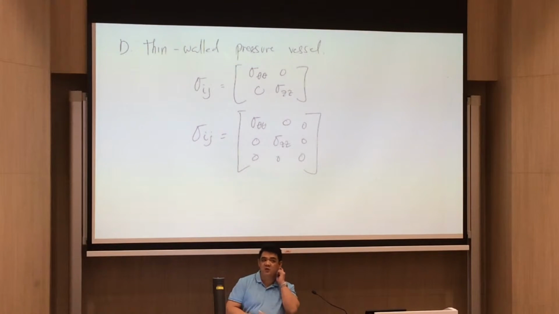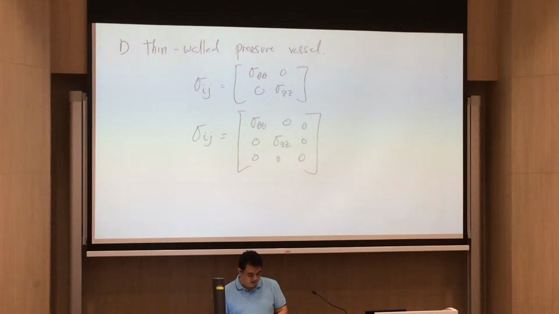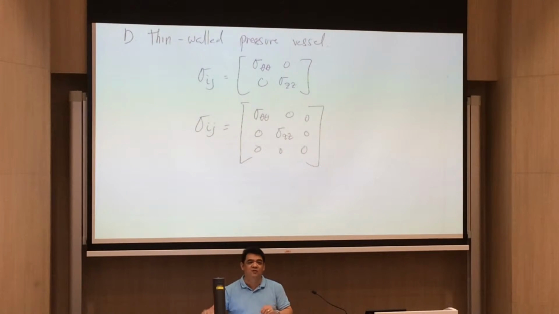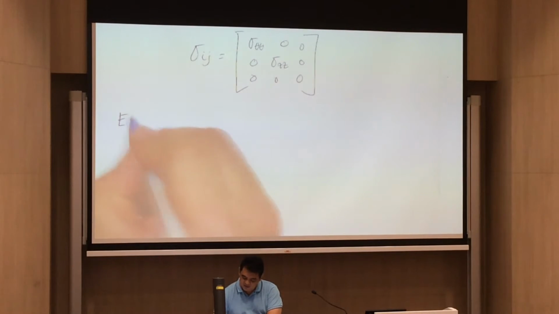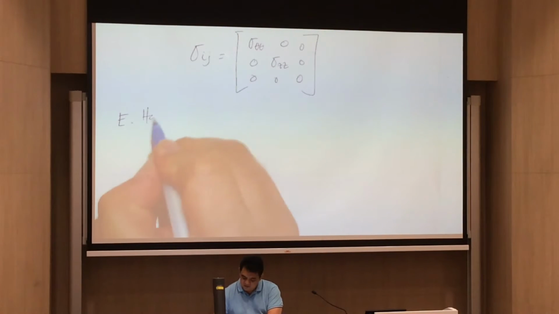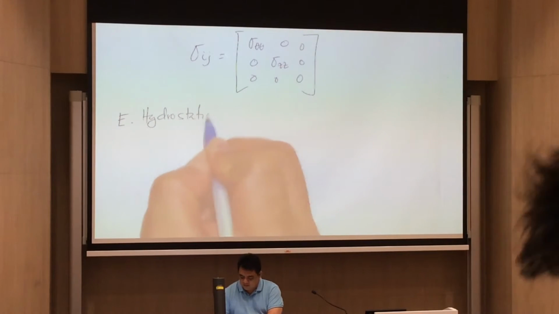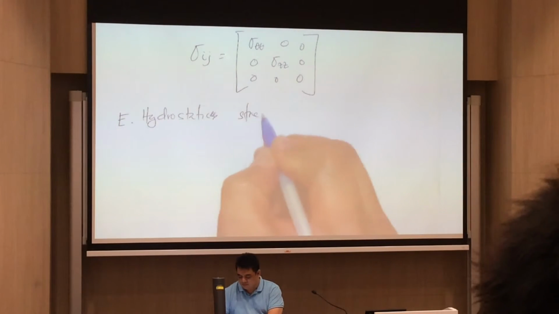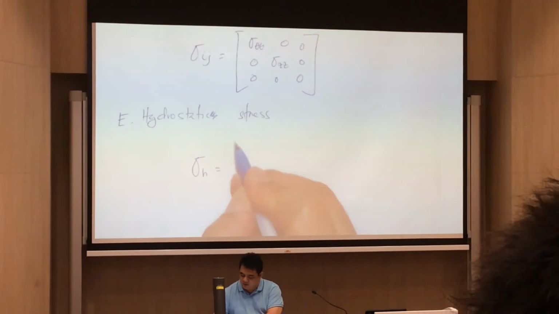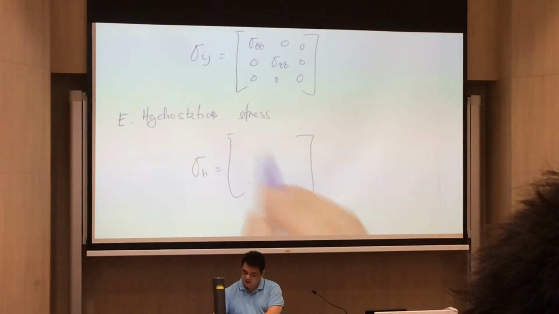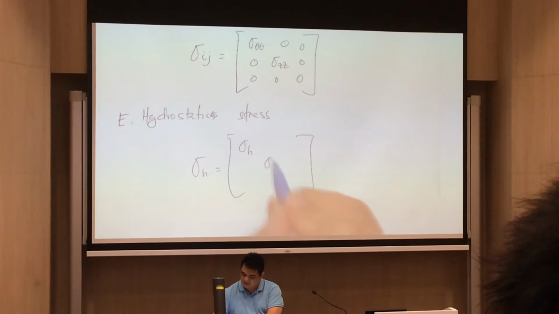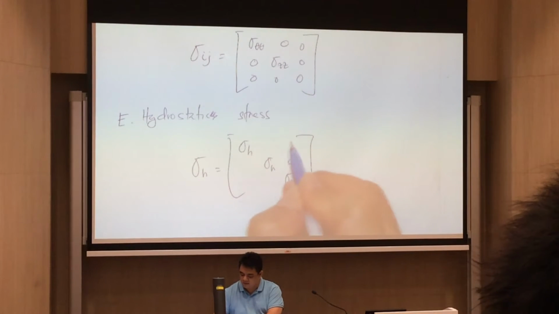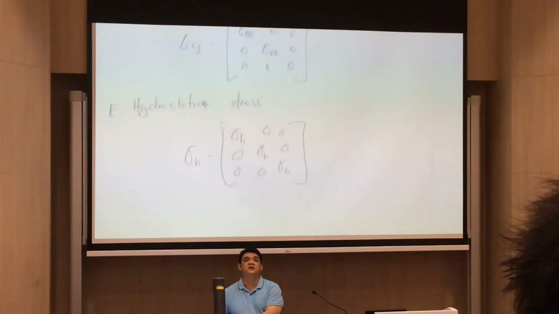Thin walled pressure vessel. Hydrostatic stress is quite straightforward, so that's simply sigma h all throughout. We know how to calculate this one already. So that's a diagonal matrix.